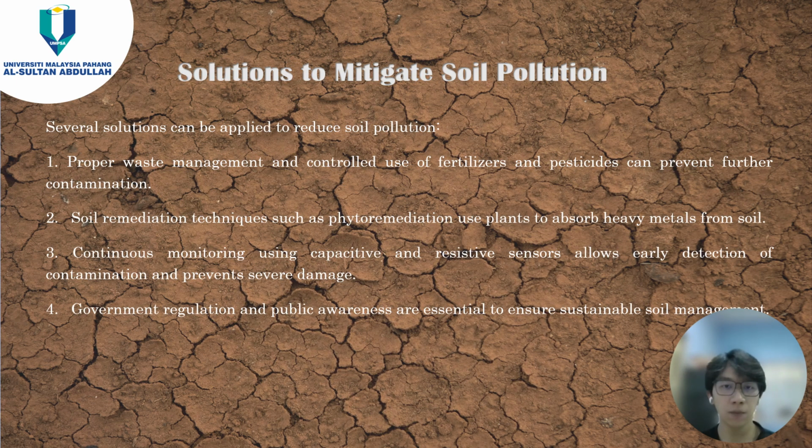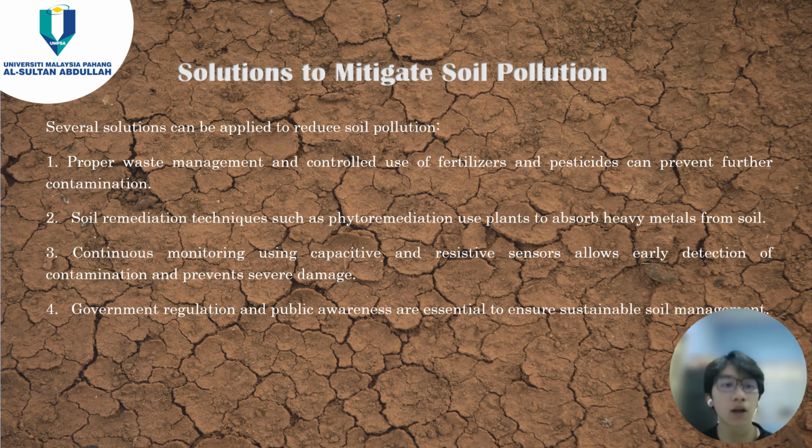To prevent or mitigate soil pollution, there are several ways. First is proper waste management and controlled use of fertilizers and pesticides to prevent further contamination. Second is to use soil remediation techniques such as phytoremediation, which uses plants to absorb heavy metals from soil.